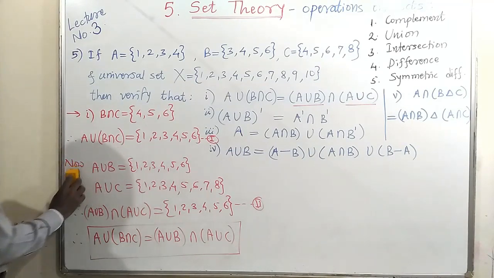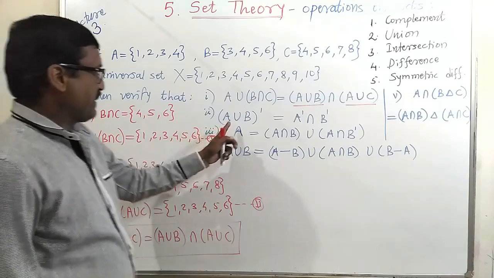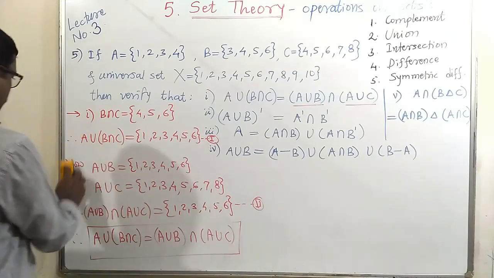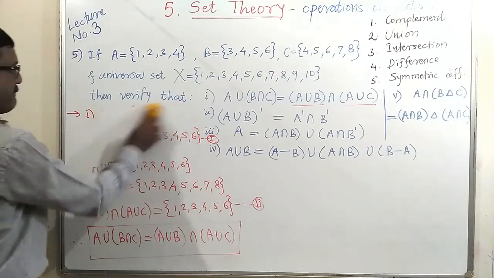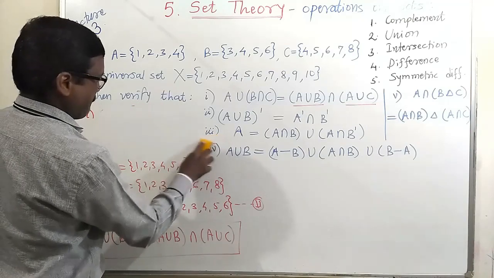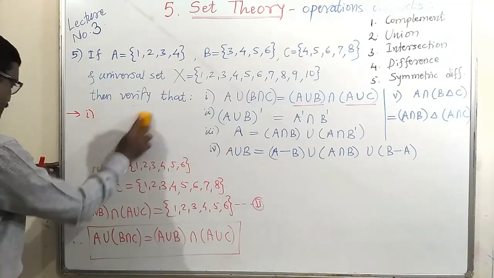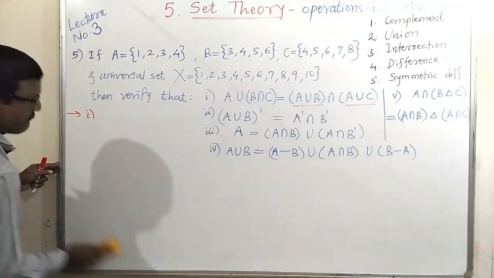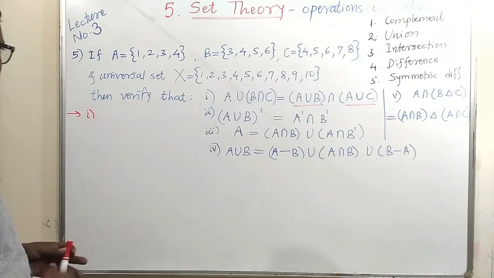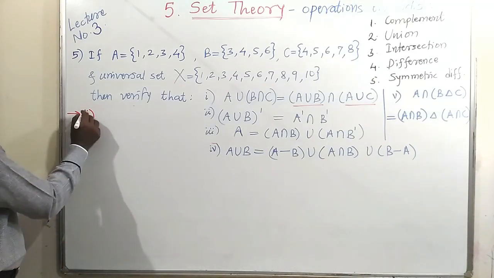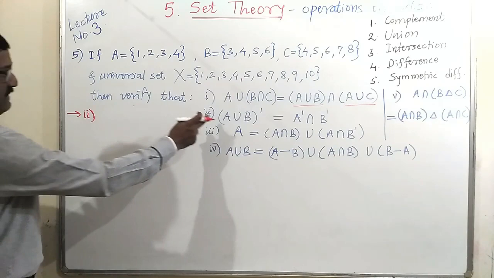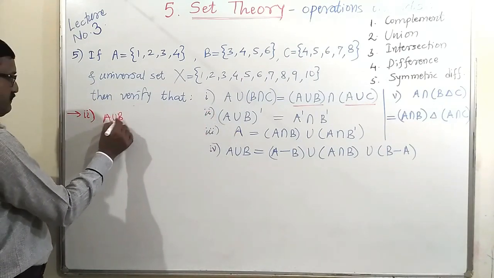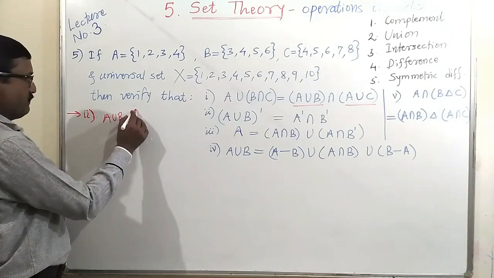For the second one, let us see the left hand side first. Left hand side, A union B is asked. Actually we have to find its complement.